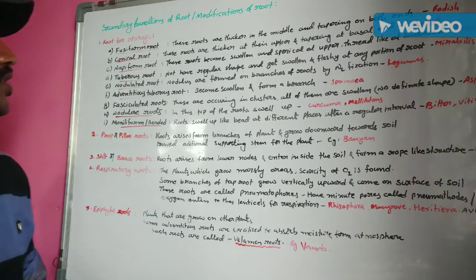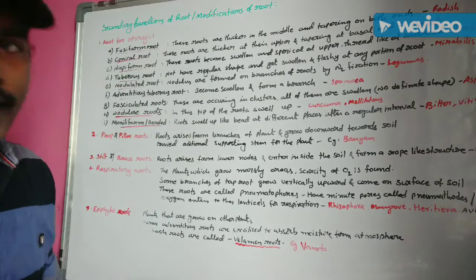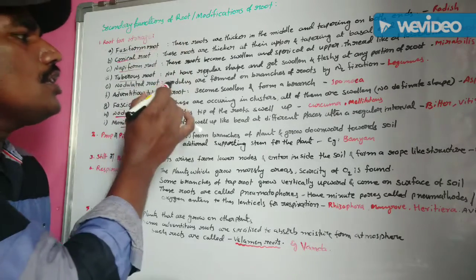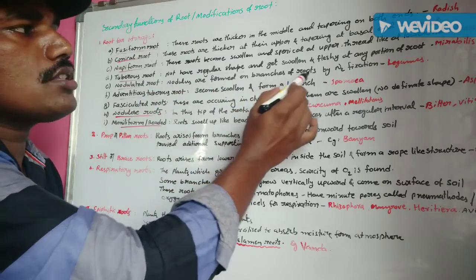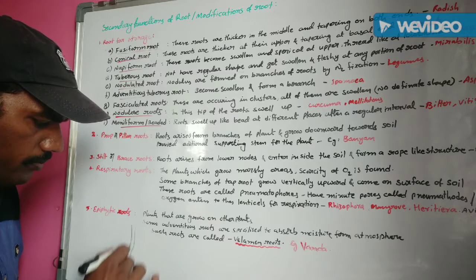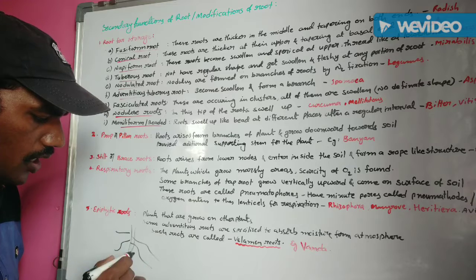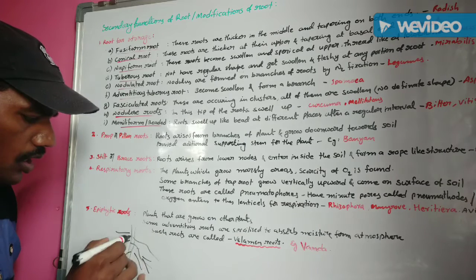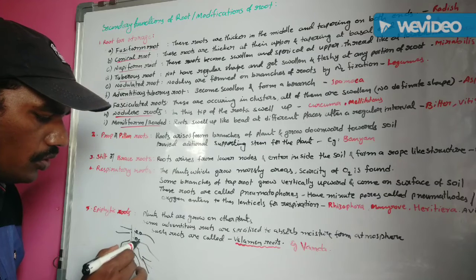Another root modification for storage is nodulated roots. This means nodules are formed on the branches of the root. The root branches: this one is the main root, and then lateral secondary roots and tertiary roots. So the secondary root consists of some nodules.